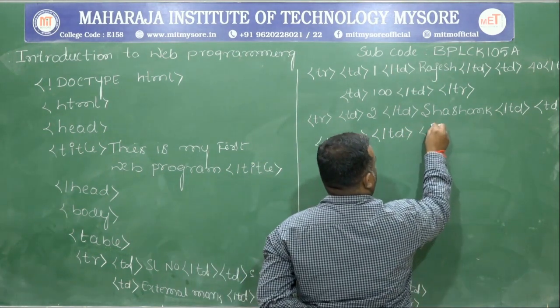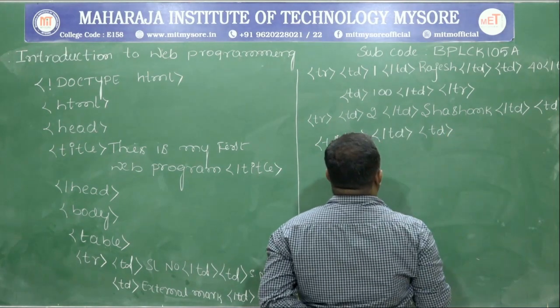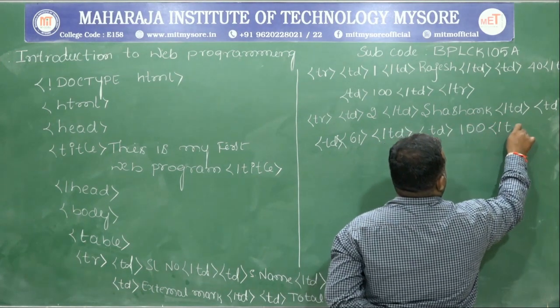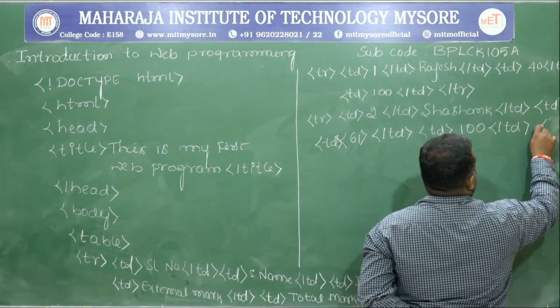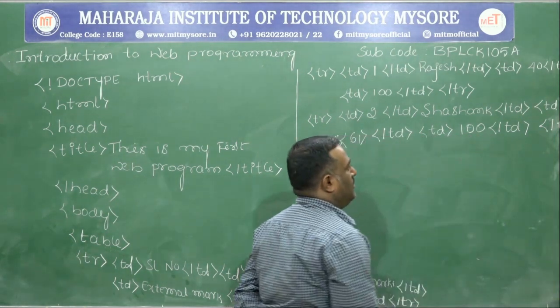And next total marks TD, total marks 39 plus 61, 100, and end of the TD, and then end of the second row of data.